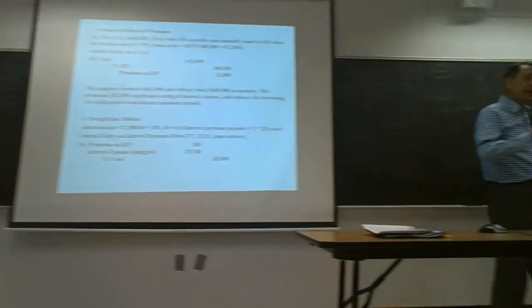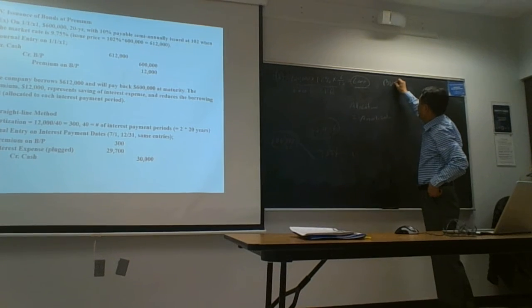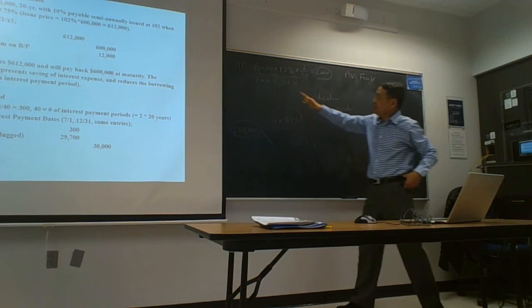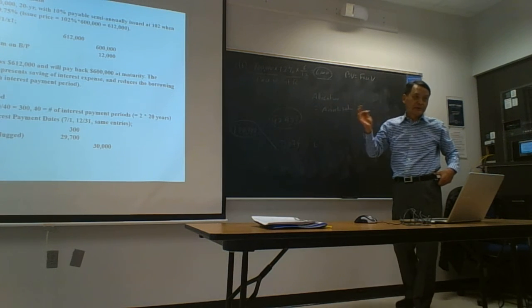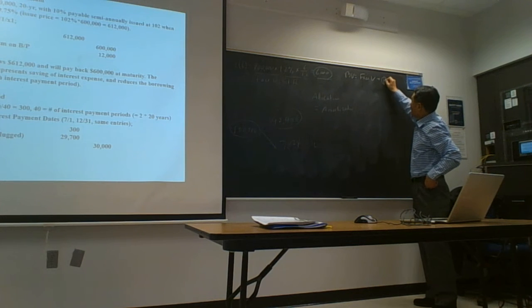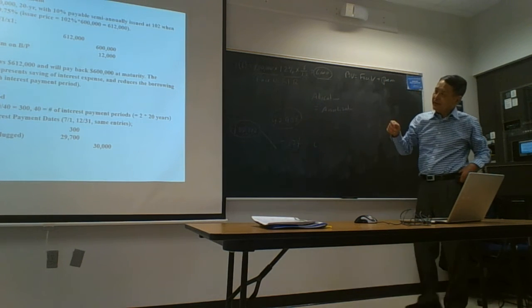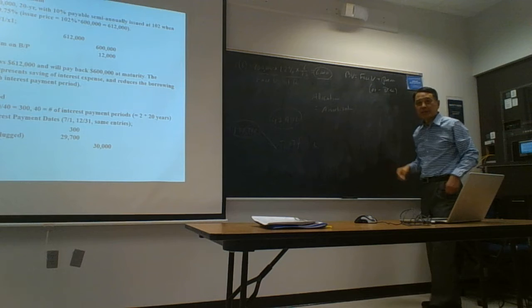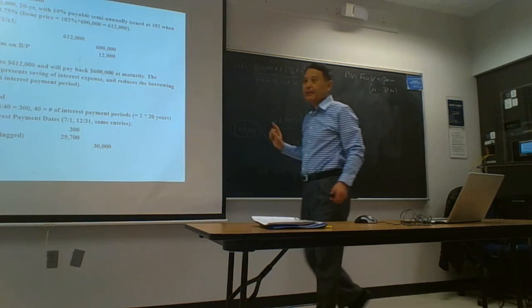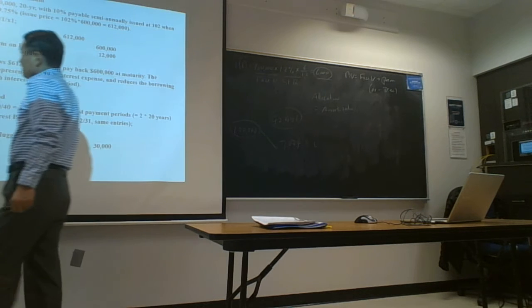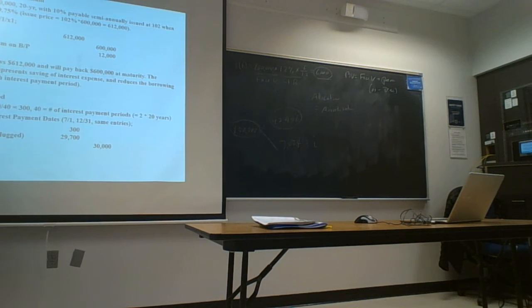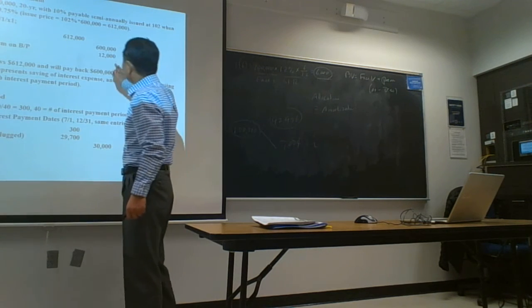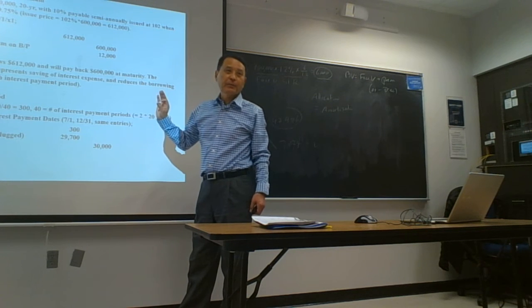Whenever we talk about the book value of a bond, it is the face value, the value printed in the bond agreement, plus premium, as I explained over there, or minus discount. Premium is added and discount is subtracted to compute the book value of the bond. So we have a $12,000 premium in this issue.